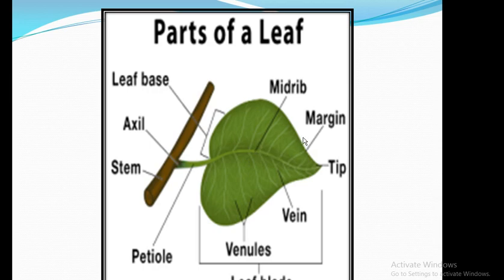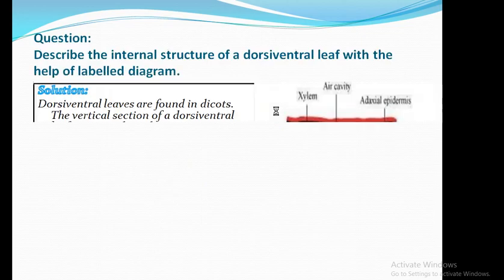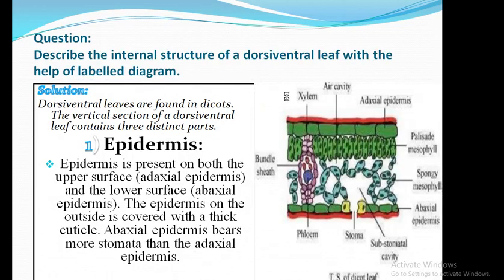So if this leaf is cut in transverse section, then we can find one outermost layer in this portion, and one layer just below this portion, the abaxial portion. So we have two epidermal layers, one abaxial and one adaxial, in the leaf anatomy.